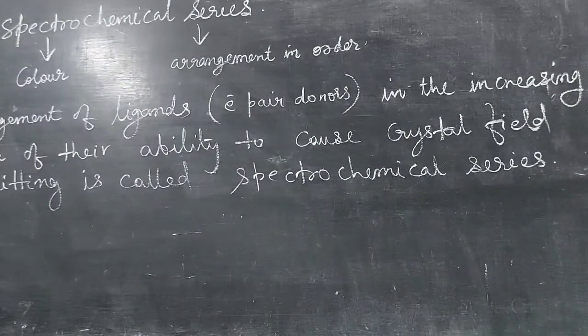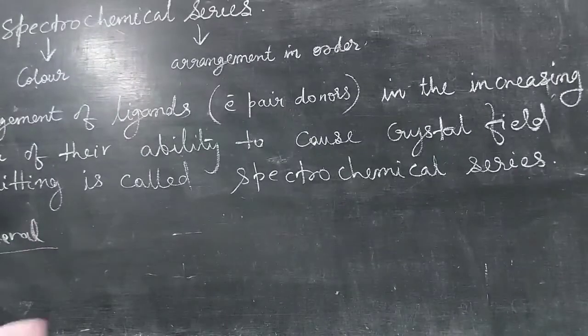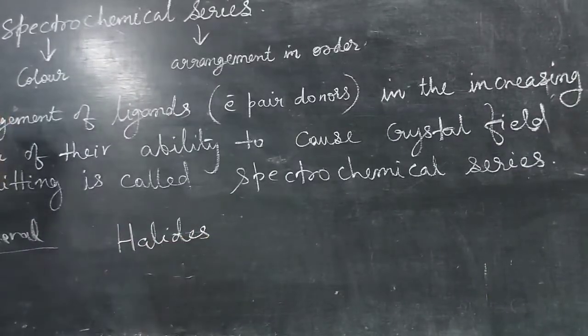In general, halides are considered to be the weakest ligand.